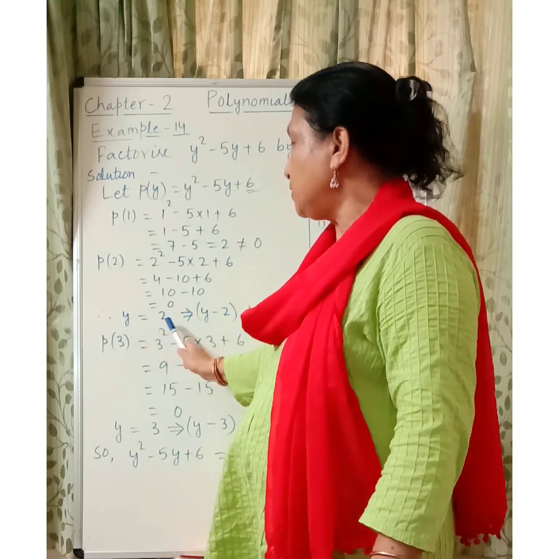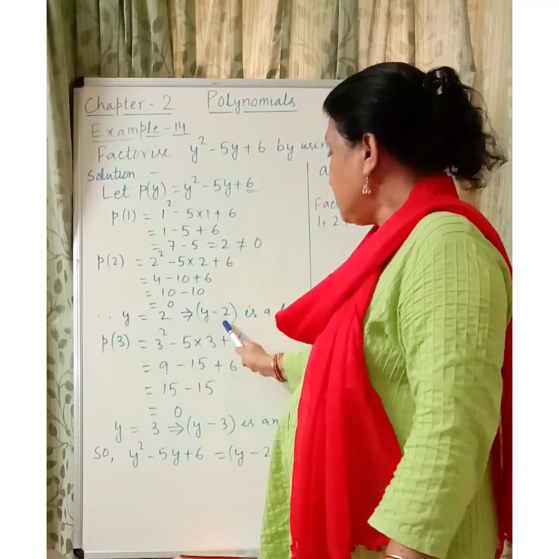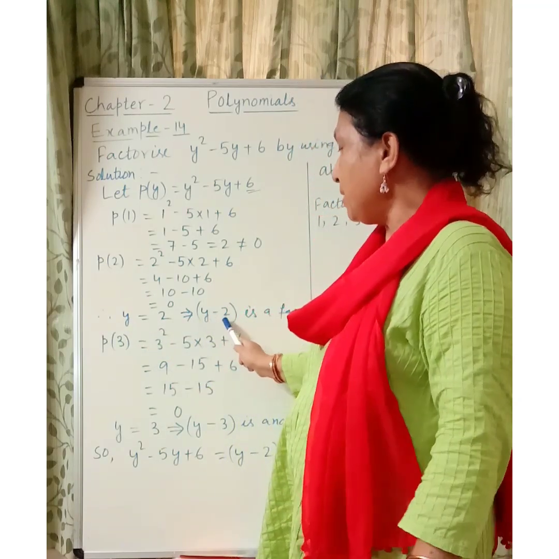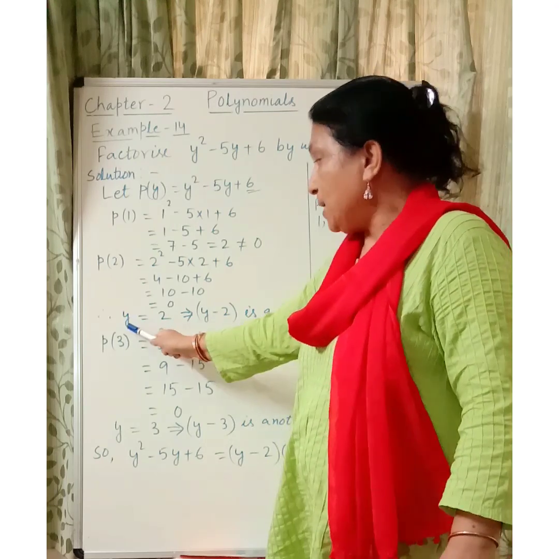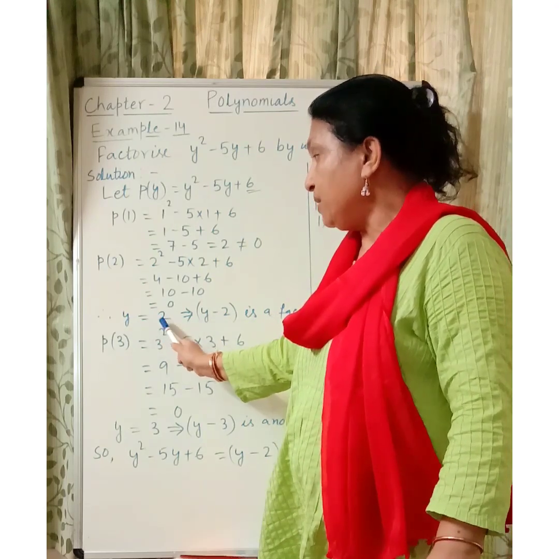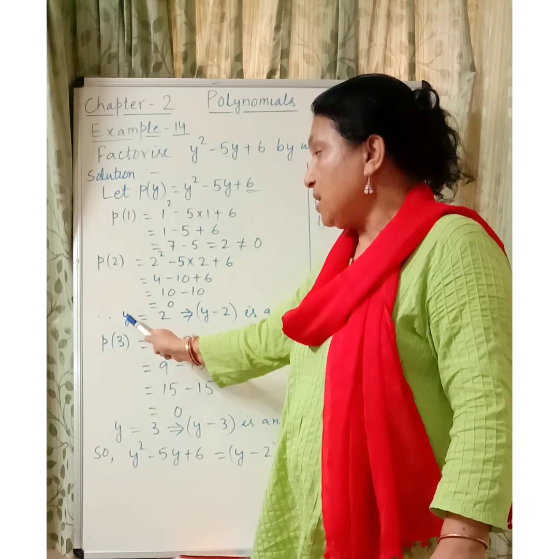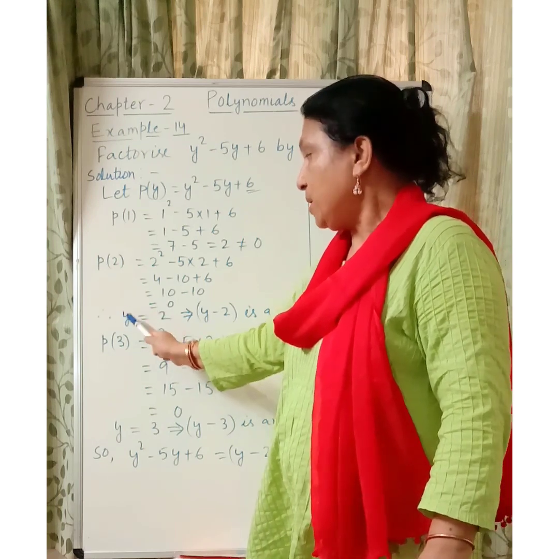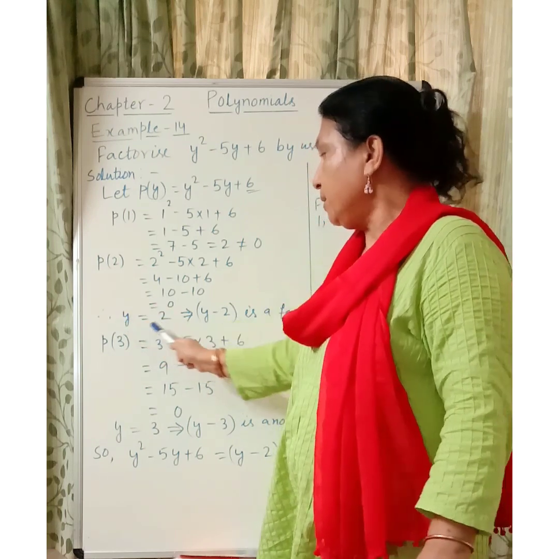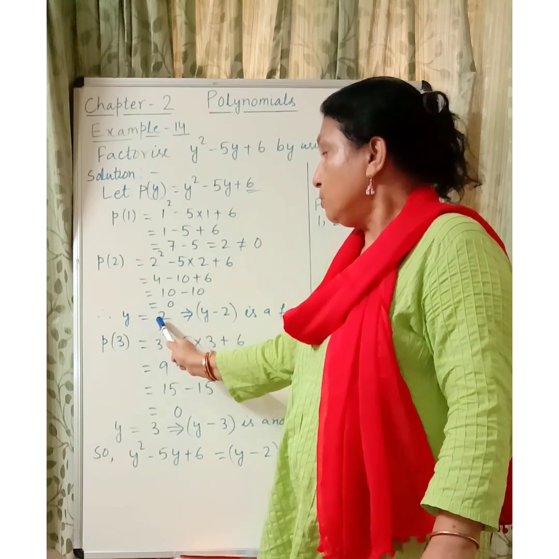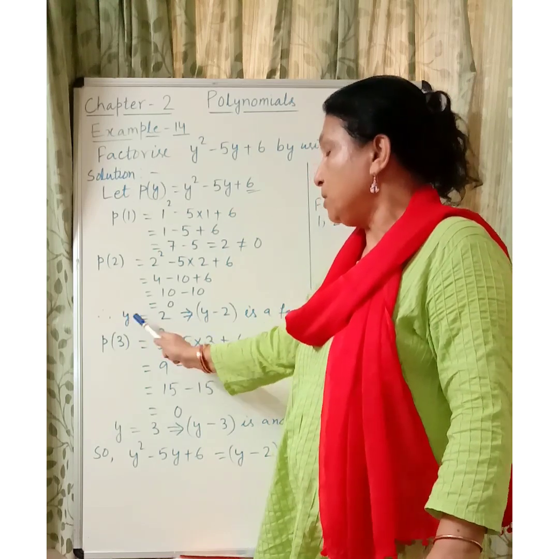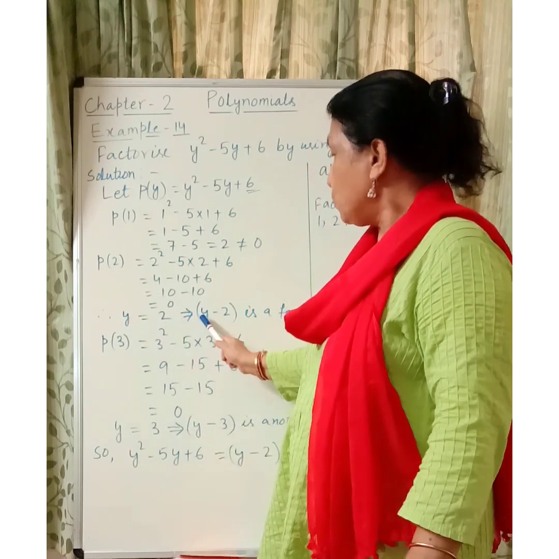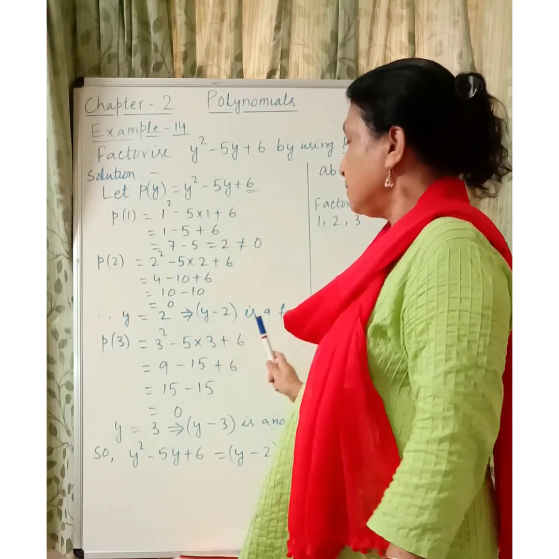So y value is 2. So y minus 2 is a factor. How y minus 2 will be a factor? y equals 2, when we change it by transposition, this 2 will be minus 2 for the left hand side. So y minus 2 is a factor.